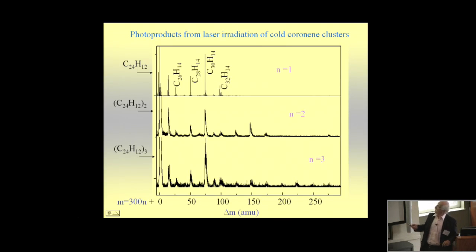Then you can compare the differences in the different peaks, starting from the mass 300 or 600 or 900, and you see the similar pattern. It's not too much of a surprise.